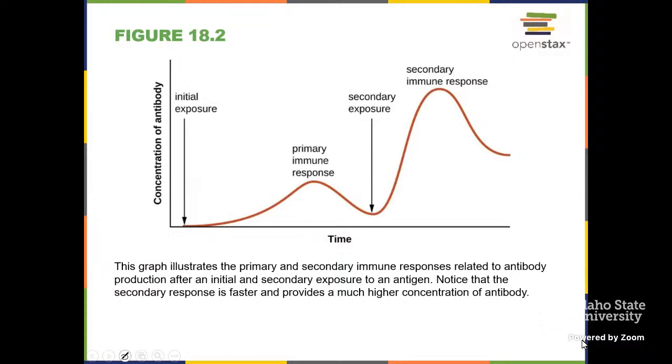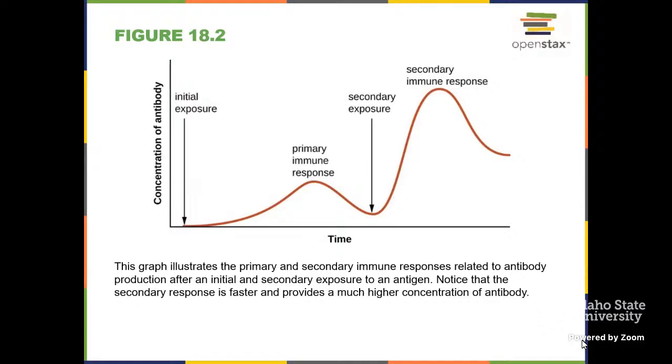At some later point, we get another exposure, this secondary exposure, and at this time the body doesn't need as much time to respond because these immune cells are capable of producing what we call memory cells, some cells that basically stay back.